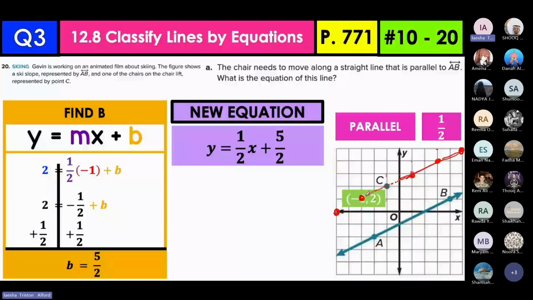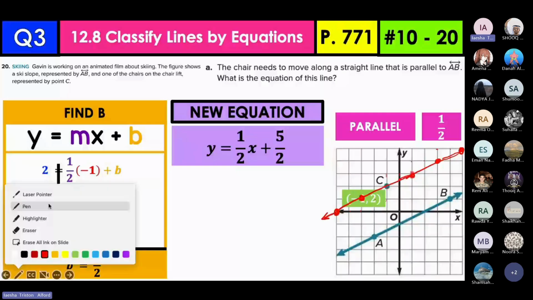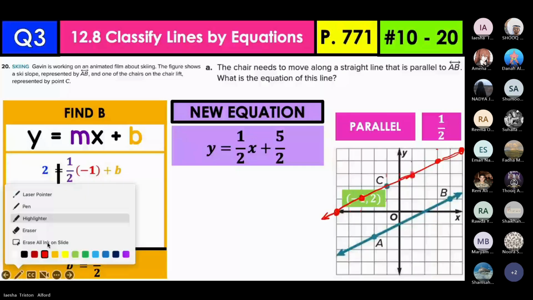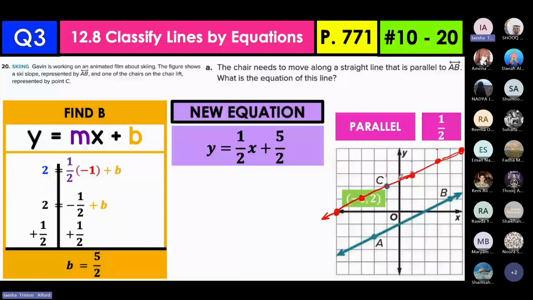And you can also see your y-intercept from your graph. So this one would be your y-intercept. What number is this one? This is positive 1, positive 2, positive 2.5.